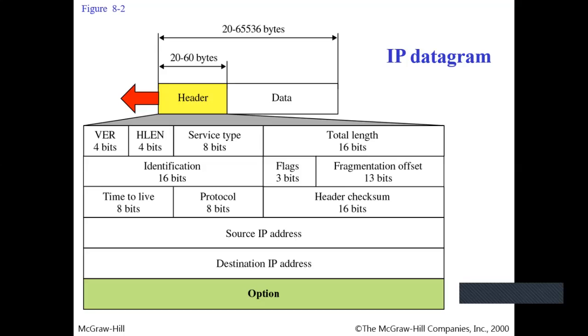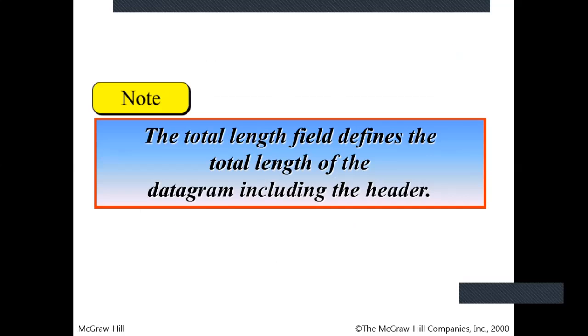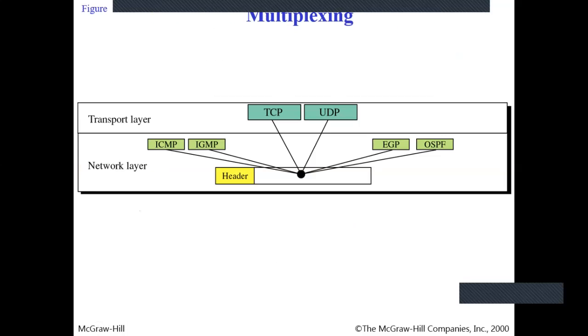Now come to the header format specifically. This first 32 bits is completed with the version field, header length field, service type and the total length. Clear? Now, as we know, the network layer contains only one protocol, which is the IP protocol, which encapsulates data from various upper layer protocols.